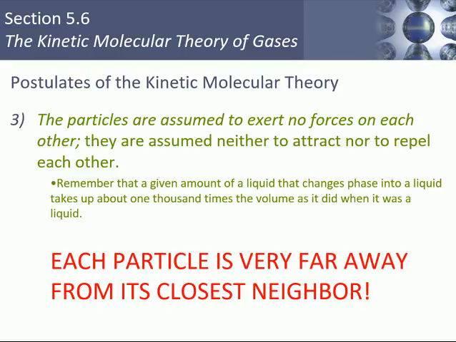I would also like to remind you that a given amount of liquid that changes from the liquid phase to the gaseous phase is going to take up about 1,000 times more volume as a gas than it did as a liquid. There's a lot of expansion. That speaks back to the postulate that the distances between each individual gas particle are so great that the size of the gas particle itself is essentially nothing.